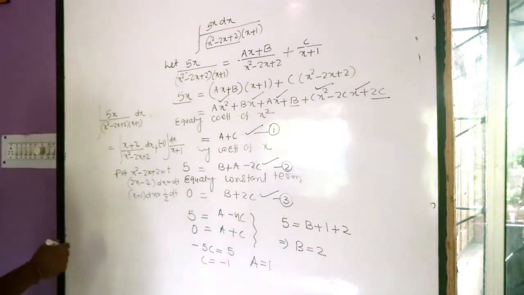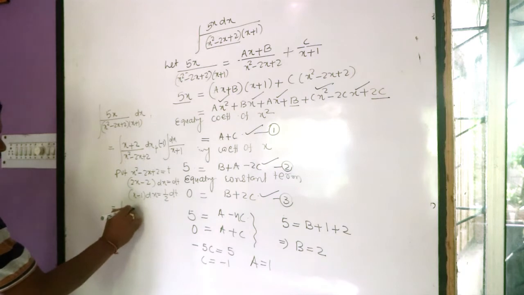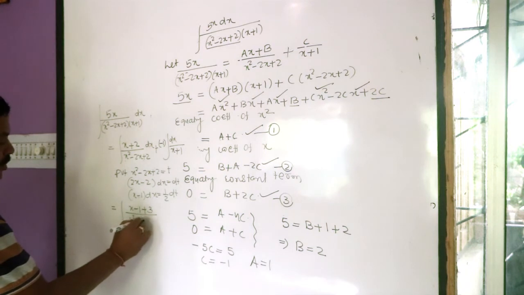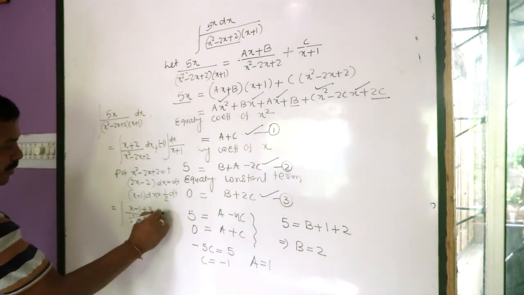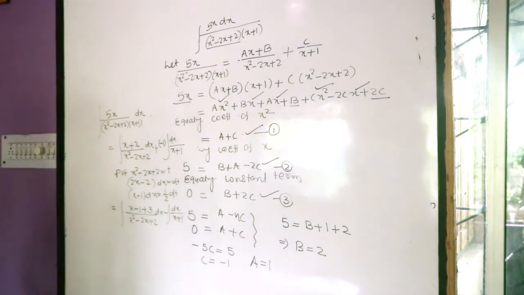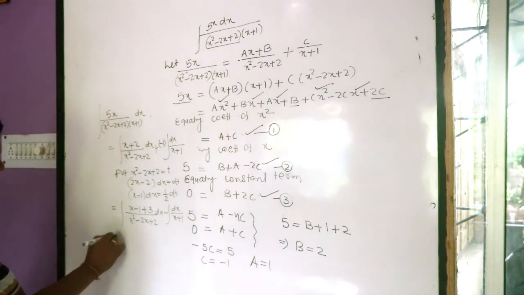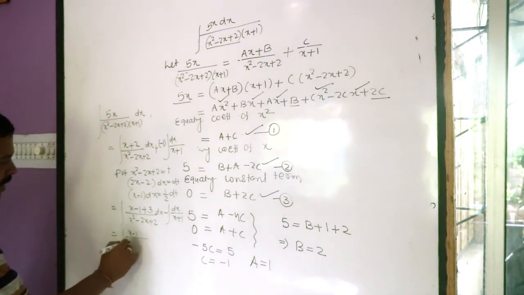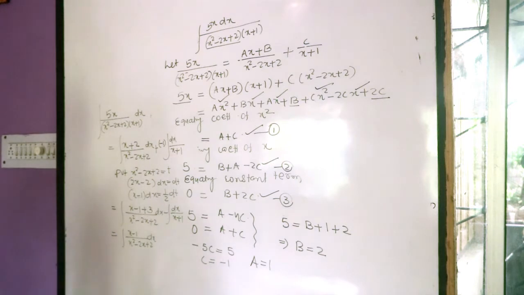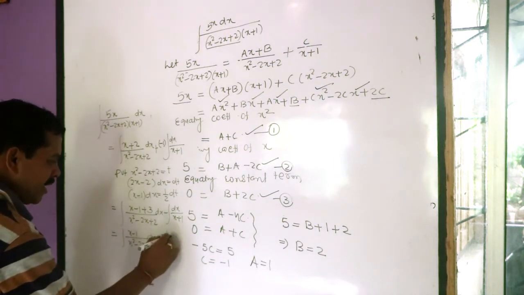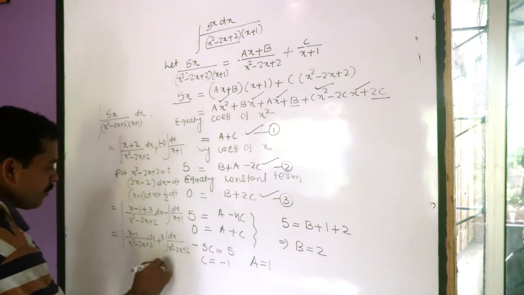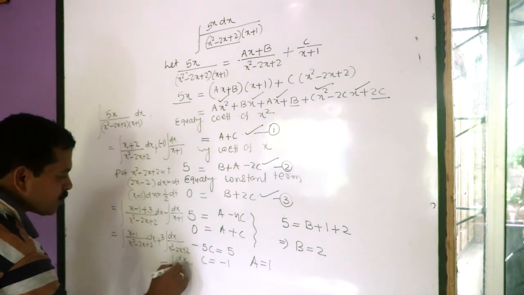Now we have to arrange the numerator as (x minus 1) plus 3 by (x squared minus 2x plus 2), minus dx by x plus 1. Separate this integral: (x minus 1) by (x squared minus 2x plus 2) dx is one integral, and another integral is 3 dx by (x squared minus 2x plus 2), minus dx by x plus 1.